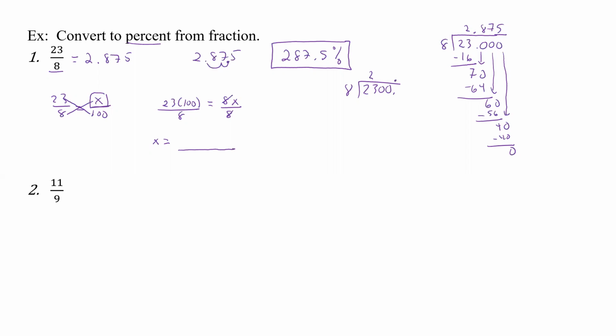So that's going to be 2, that's going to give us 16, subtract, that's a 7, bring down our 0, that's going to give us the 8, and that's 64, subtract that, that gives us 6, bring down another 0, multiply that times 7, that gives us 56, subtract that, we get 4, now we have to add that extra 0, bring that down, that's going to be a 5, that's 40, subtract that, that's 0.